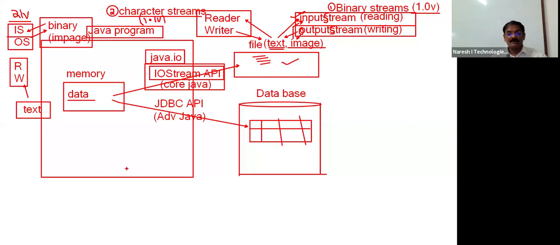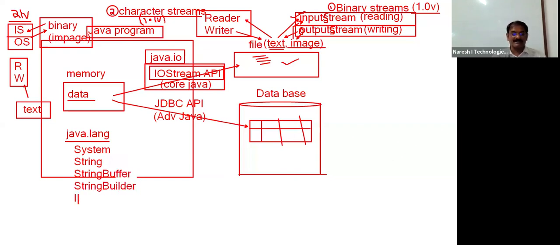Up to now, which package's predefined classes have you been using? Java.lang. Inside java.lang, we have predefined classes System, System.out, String, StringBuffer, StringBuilder, and wrapper classes Integer, Double, Character, Boolean.